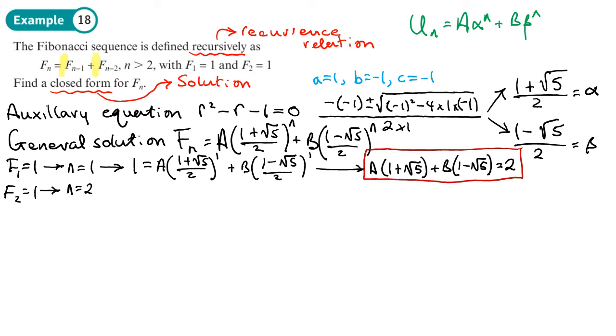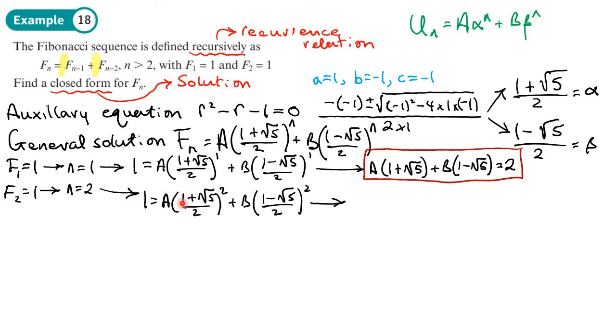Okay, so now let's go for the second initial condition. So we've got f2 equals 1, so I'll have 1 equals a. Now this time n is 2, so 1 plus root 5 over 2 squared plus b times 1 minus root 5 over 2 squared.